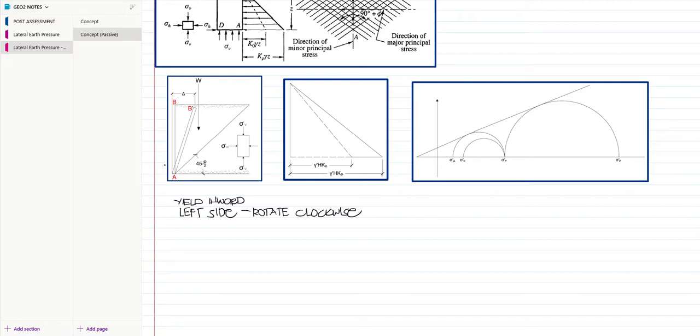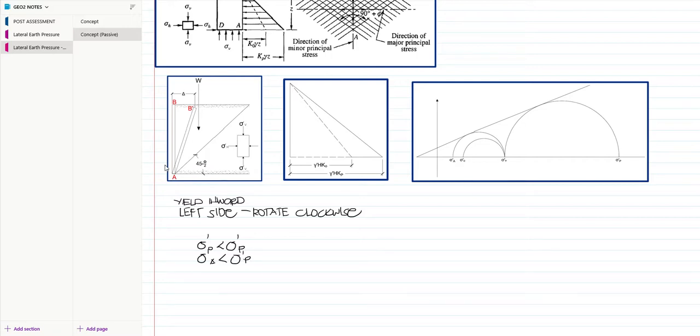So, for this condition, we can say na yung sigma prime O is lesser than our sigma prime P, or the at-rest earth pressure is lesser than the passive earth pressure. At pwede din nating sabihin na yung active earth pressure is lesser than the passive earth pressure.